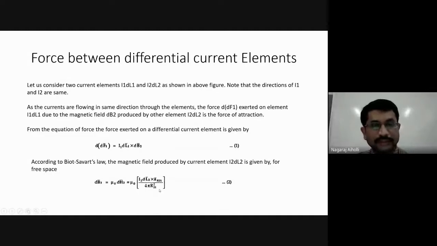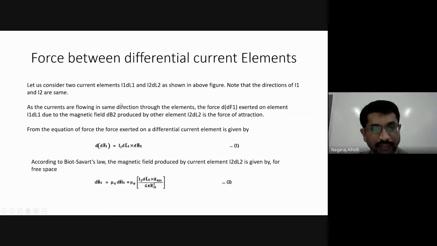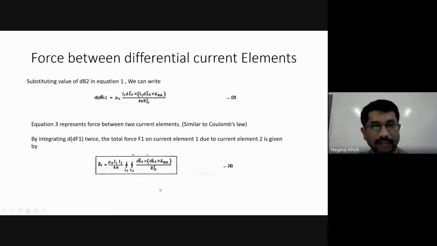Therefore, dF1 bar is equal to mu naught into I1 dL1 bar into I2 dL2 bar into aR21 bar divided by 4 pi R21 square. Take it as equation 3.